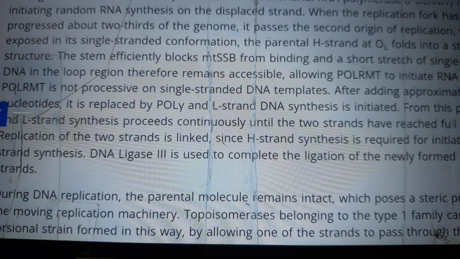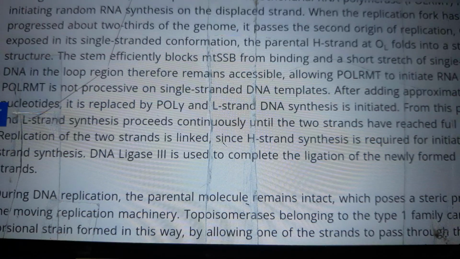When exposed in its single-stranded conformation, the parental H strand at OL folds into a stem loop structure. The stem efficiently blocks mitochondrial SSB from binding, and a short stretch of single-stranded DNA in the loop region therefore remains accessible, allowing pol-RMT to initiate RNA synthesis.